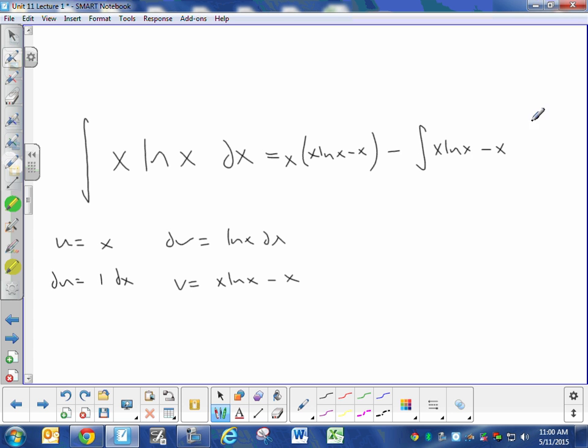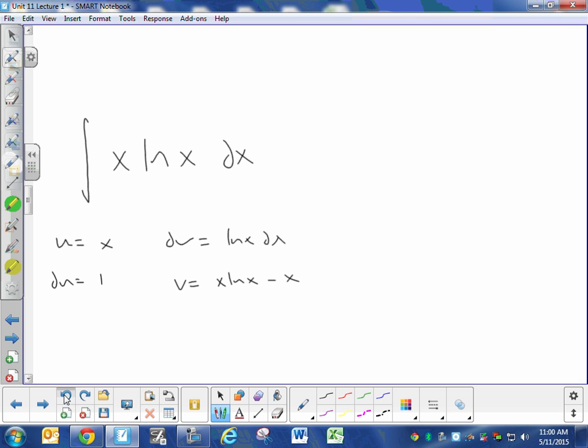Keep forgetting dx. Does that help us? No, because I have x log x. I have it in the integral again. I couldn't find it in the first place. This doesn't help us. So let's go back.